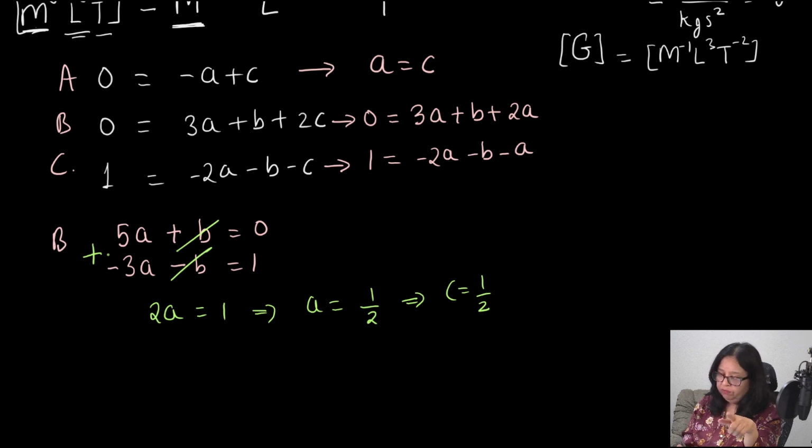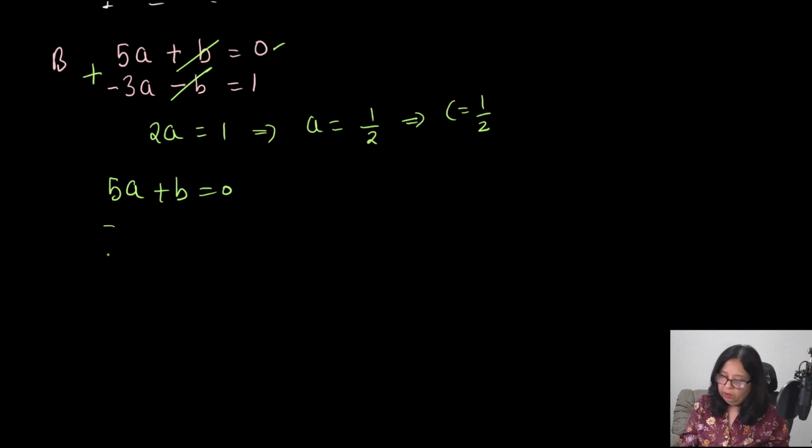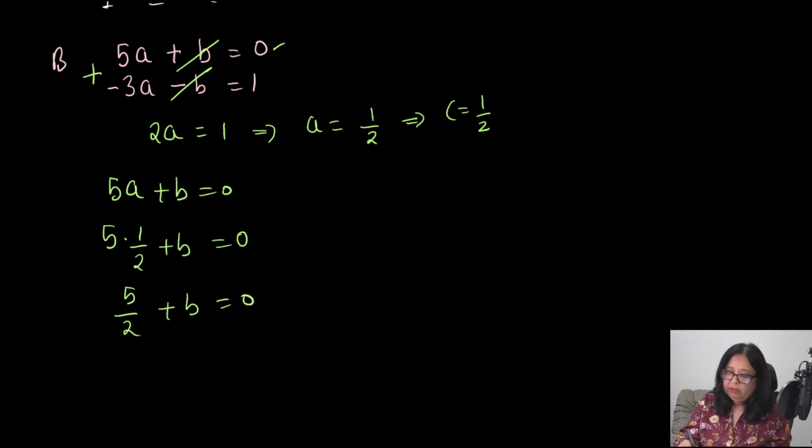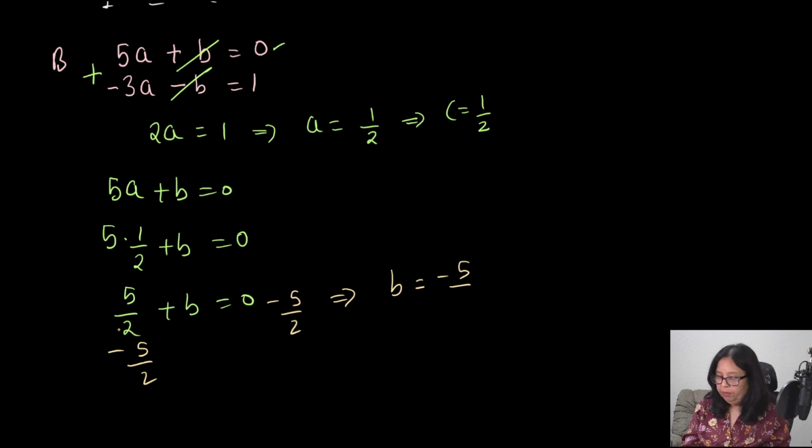I can insert the value of A in either of these equations and solve for B. So I know that 5A plus B equals 0. That means 5 times 1/2 plus B equals 0. So 5/2 plus B equals 0, which means subtract 5/2 from both sides. That gives you B equals minus 5/2.